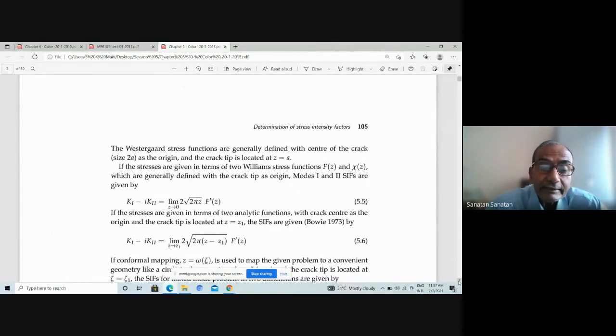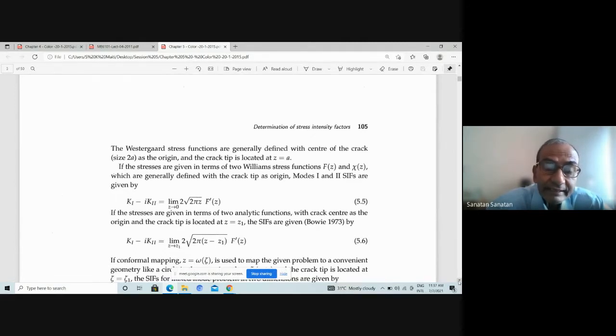In that case, for a problem where both modes are present, it is possible to have the relationship K1 minus iK2 equal to the limit z tends to 0, with z equal to 0 at the crack tip, of 2 root 2 pi z F dash z. So you can obtain the two stress intensity factors after substituting the value of F(z) in terms of z.